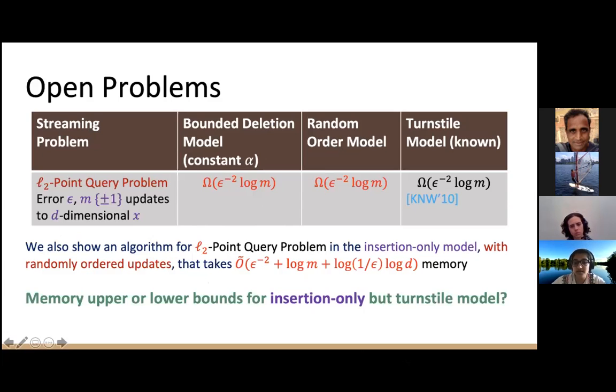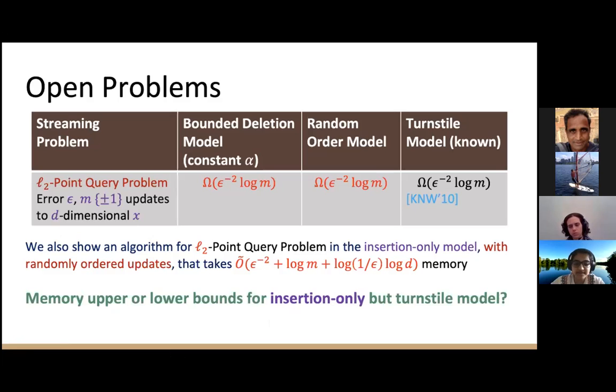That is, when your updates can only be of the form x_ij plus 1, and you want to prove lower bounds or find upper bounds for a streaming algorithm that solves the L2 point query problem with high probability over any sequence of updates. If the sequence of updates is random, we can already show that you can do it in much better memory than that required when it is not an insertion-only model.